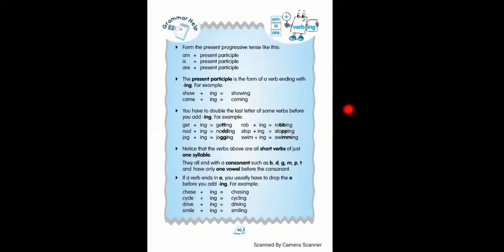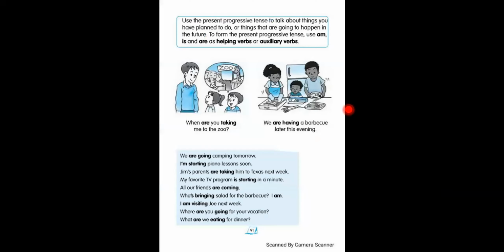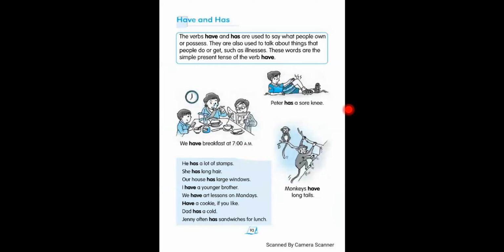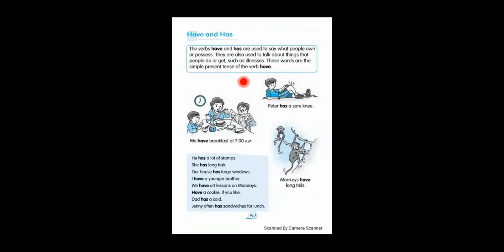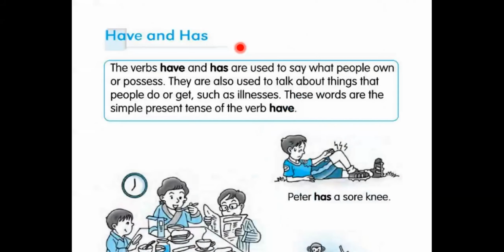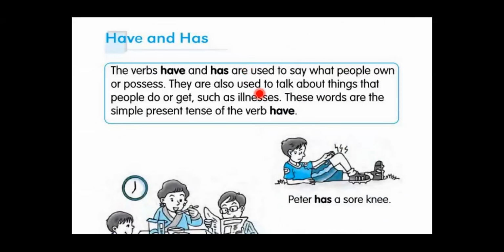Okay. Now, after present progressive tense, we have also seen has and have, right? Do you remember we have seen have and has. Has and have are also helping verbs, okay?